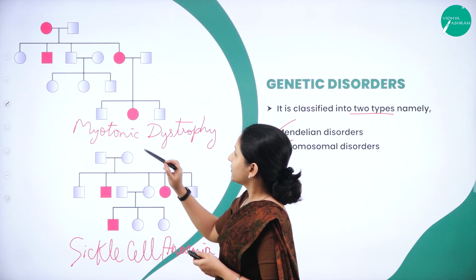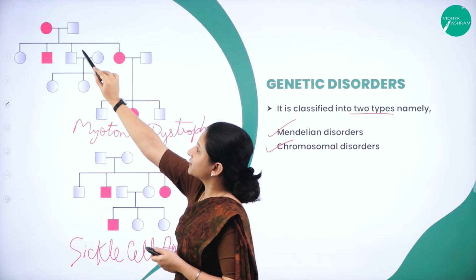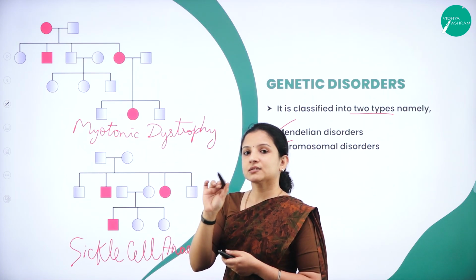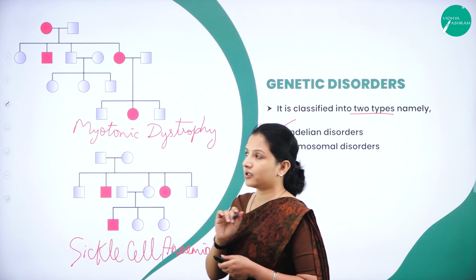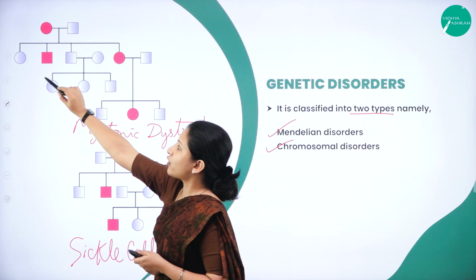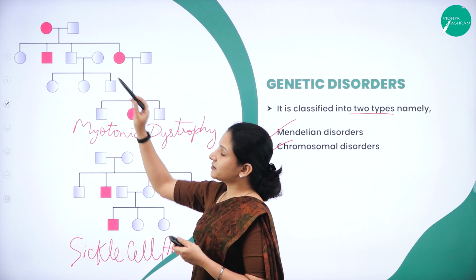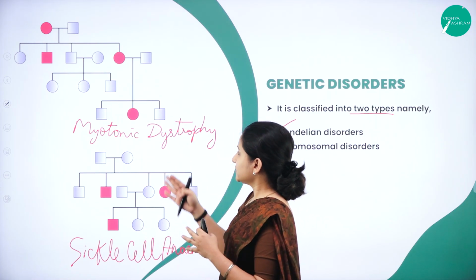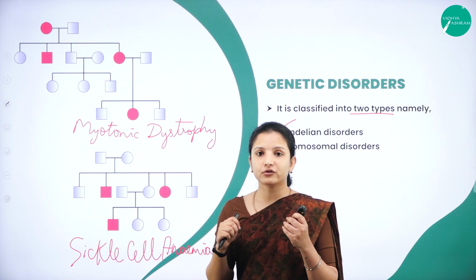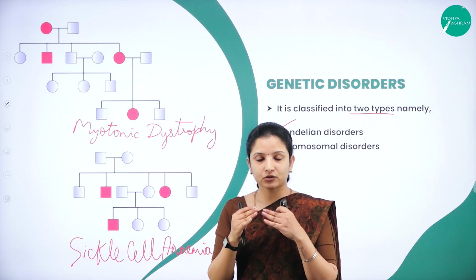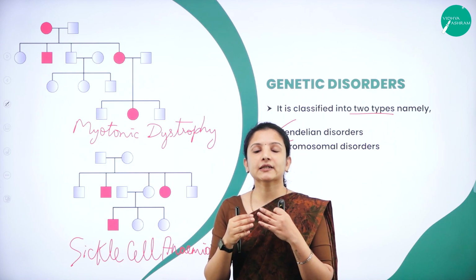Now what has happened there? A line is there in between. Can you see? There is a line drawn. It means they have mated. Mating has occurred. So when mating has occurred, progenies can be of many types. Since the female has a disease, that is myotonic dystrophy. So what is myotonic dystrophy? Myotonic dystrophy is a condition which affects the muscles.